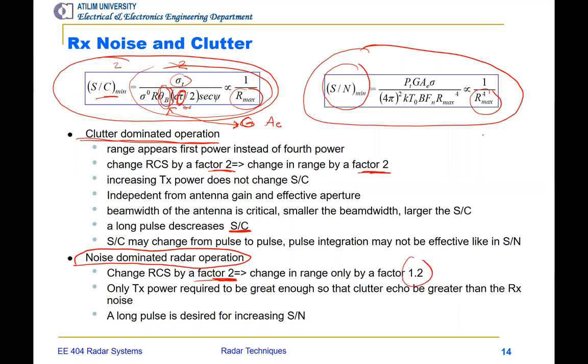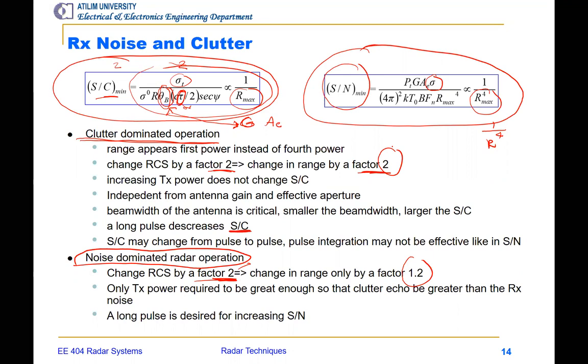So here we got R to the power 4. Okay? And this is inversely proportional to the radar cross-section. So we take the fourth power of 2 inversely, we get a change in the range of only 1.2. It was 2 in S over C.